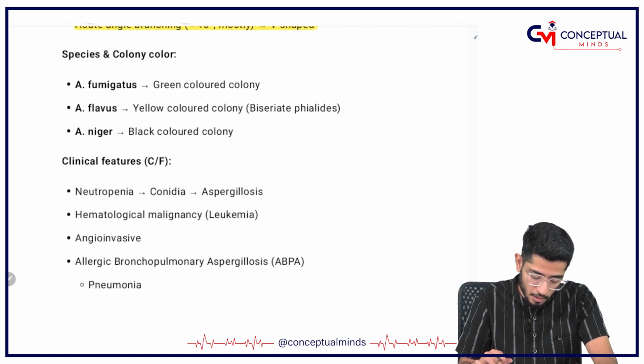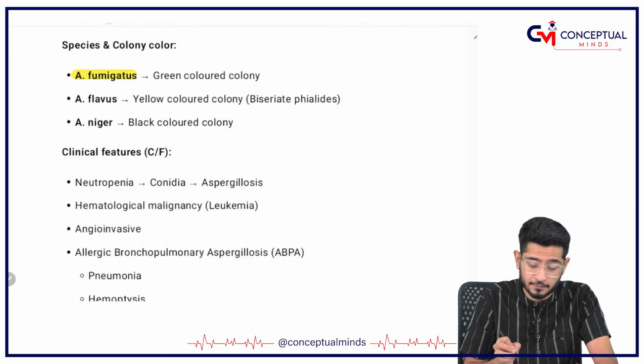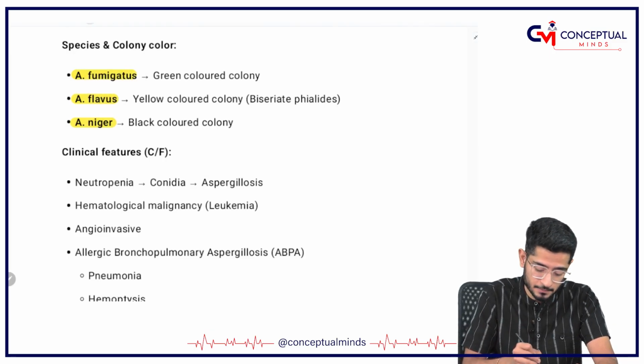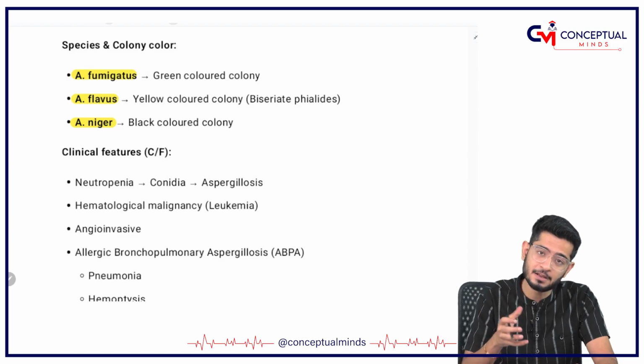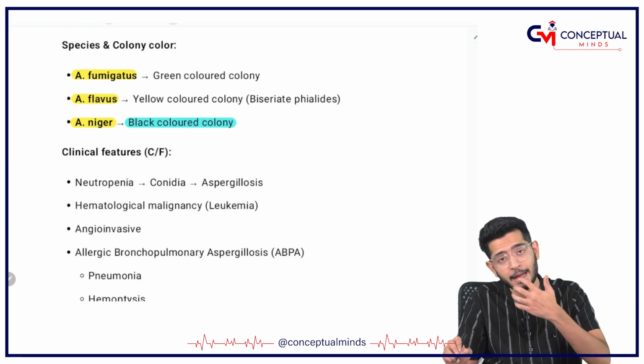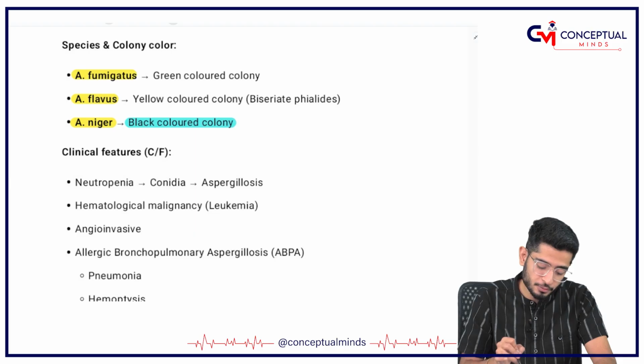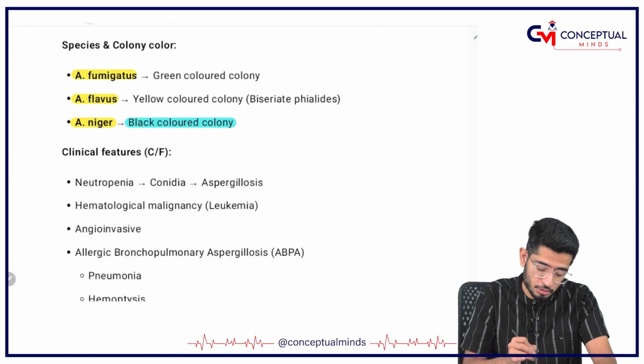Now Aspergillus is of three types: Aspergillus fumigatus, Aspergillus flavus, and Aspergillus niger. Aspergillus niger, as the name suggests, is responsible for making black colored colonies. Do you know fumigation?